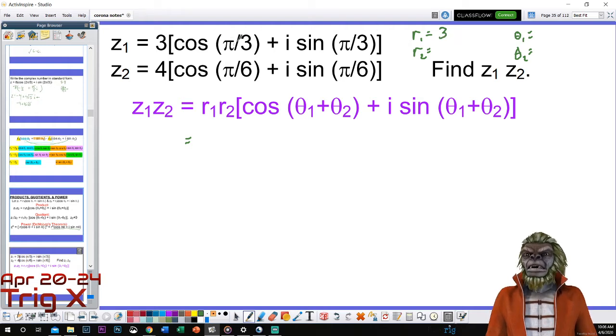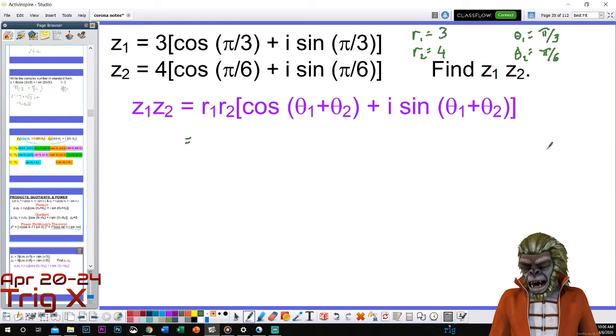My theta is pi over 3. Alright, not too bad. r2 is 4. Pi over 6 is going to be my angle.